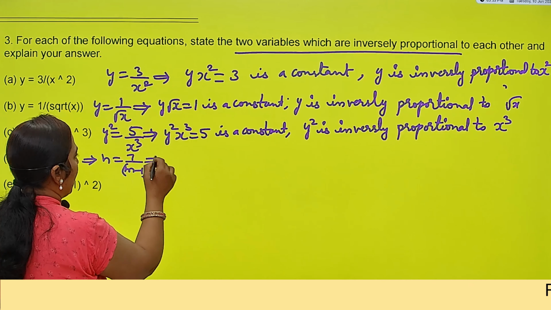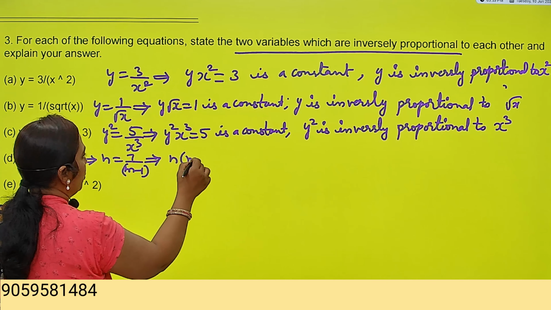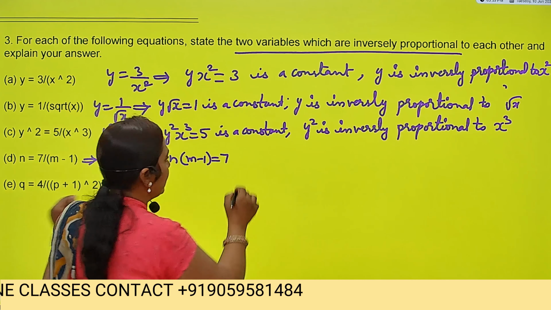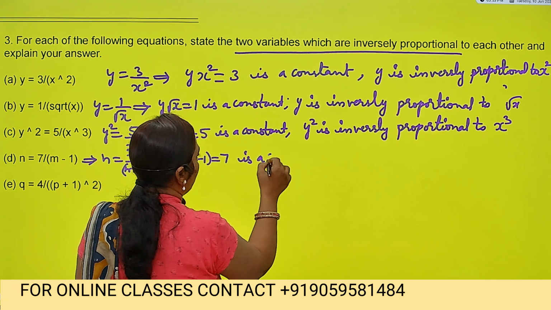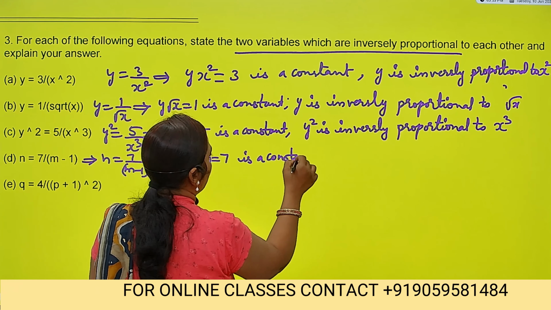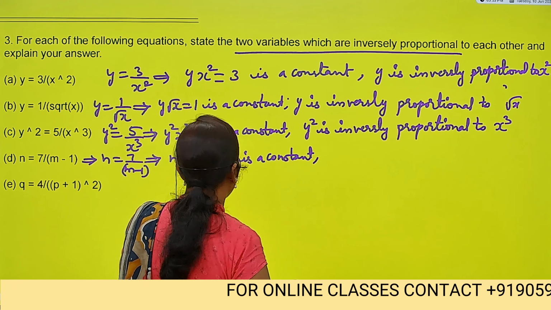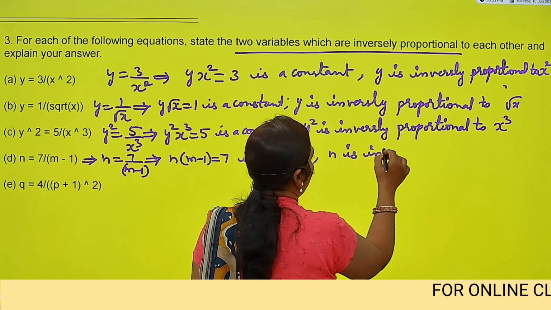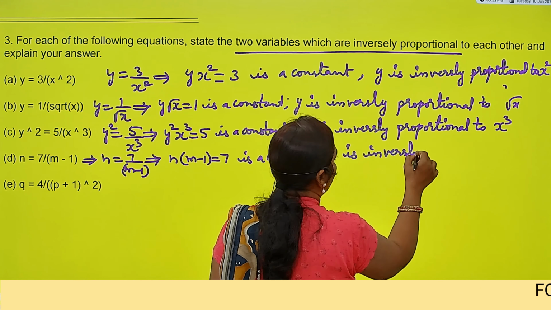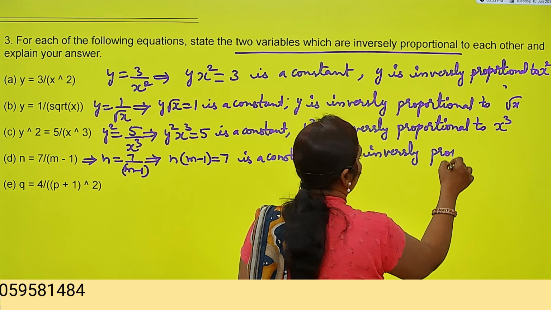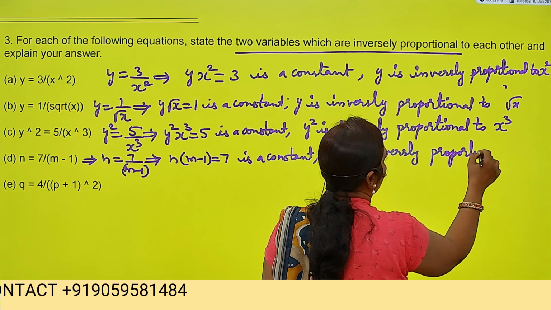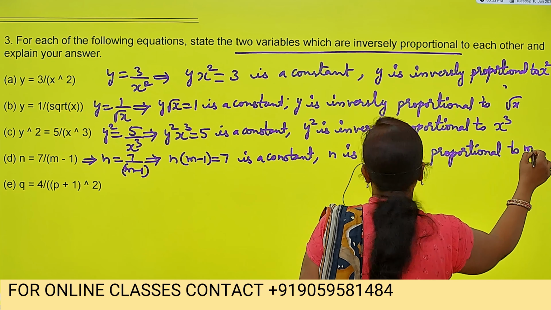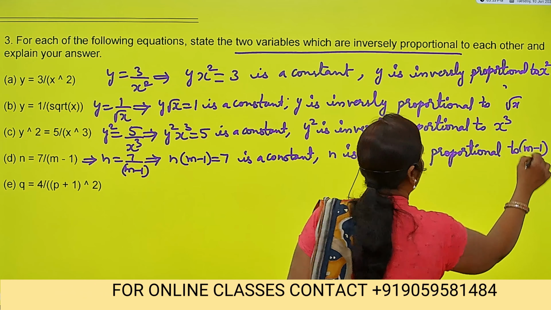From this, we write it as n into m minus 1 equals 7. Here 7 is a constant. From this, the explanation is n is inversely proportional to m minus 1. Okay.